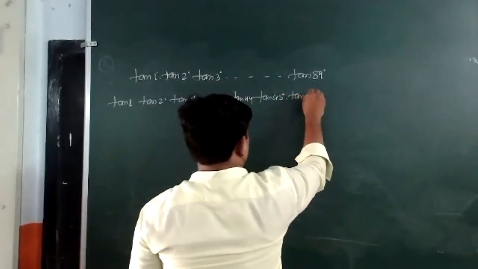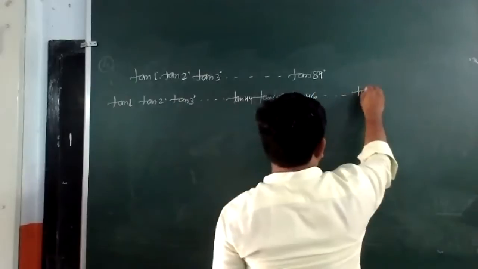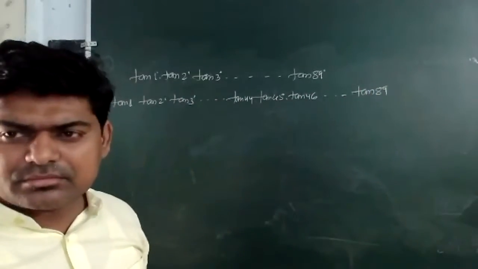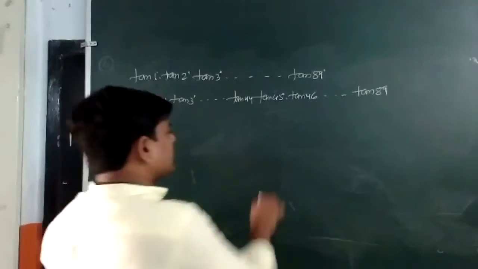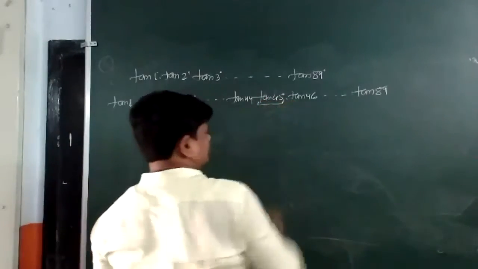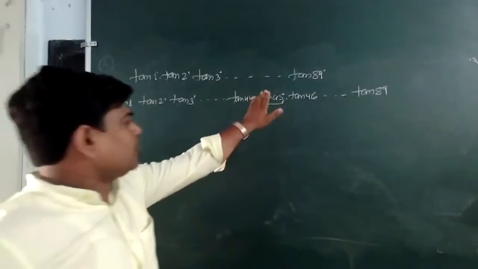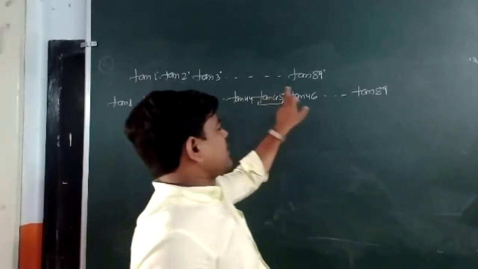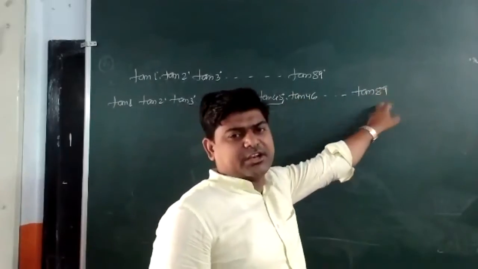Next will be tan 46, and last one will be tan 89. Am I correct? Yes, sir. Now see carefully. This is the middle point. Before this, we are having 1 to 44, and after it we are having 46 to 89.